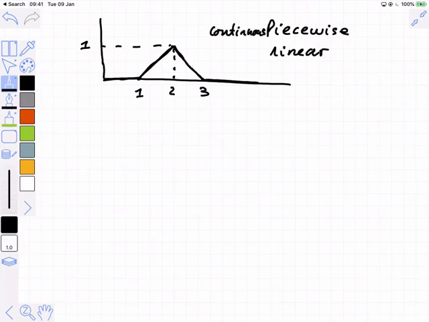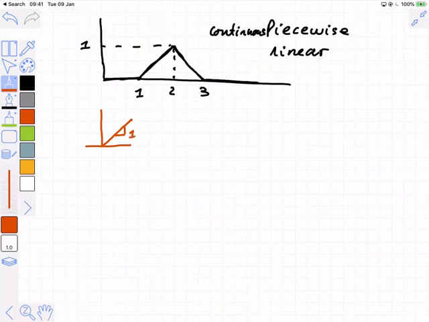So for continuous piecewise linear functions, we can always express that as the sum of ramp signals. Now, ramp signals, you'll remember, they look like this. Okay, and the unit ramp, very importantly, has a slope of 1.